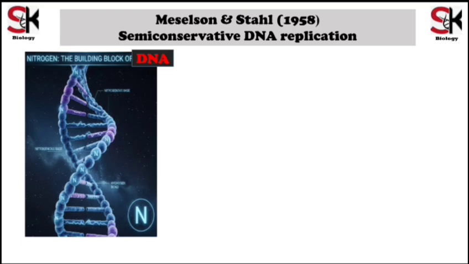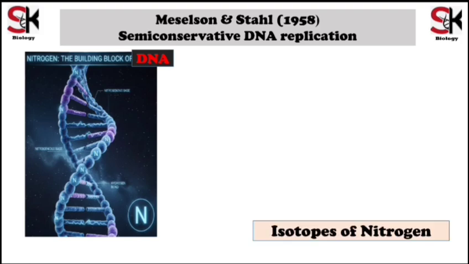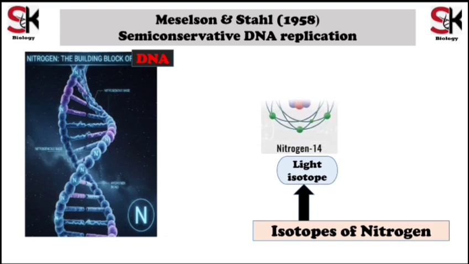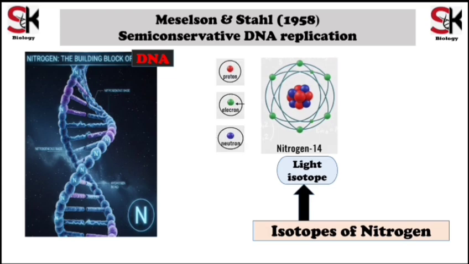Meselson and Stahl studied the composition of DNA, from where they came to know that DNA is made up of nitrogenous bases. That is, the nitrogen atom is a building block of DNA. They knew that nitrogen has different isotopes, and they used two isotopes of nitrogen for their study. One isotope is called the light isotope, N14, in which 7 electrons, 7 protons and 7 neutrons are present.